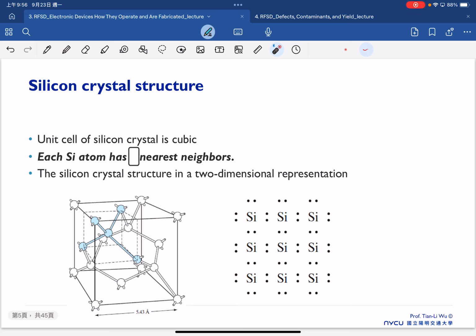And in terms of crystal structure, the silicon crystal is cubic. That means each silicon atom has 4 nearby neighbors. This is just a schematic of the silicon, which was already shown in the last slide.